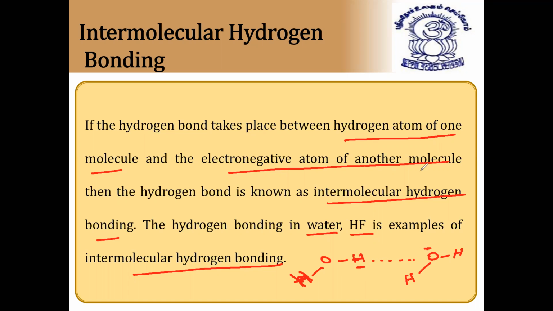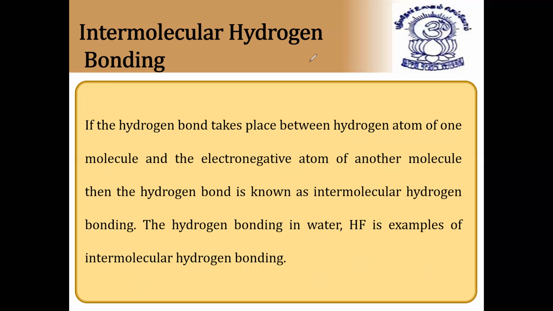So it is the hydrogen atom of one molecule and the electronegative atom of another molecule. Electronegative means here oxygen. Then the hydrogen bond is known as intermolecular hydrogen bonding, and it is represented by dotted lines. Examples are HF and H2O. So this is called intermolecular hydrogen bonding. Very easy to understand. I hope it is clear.